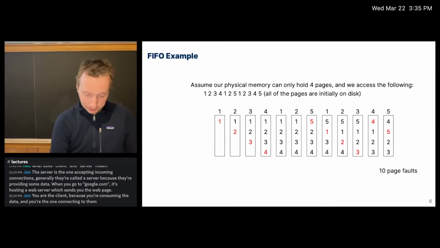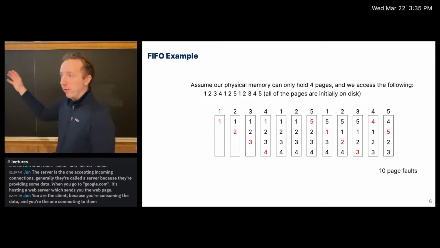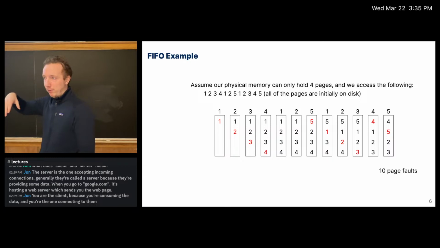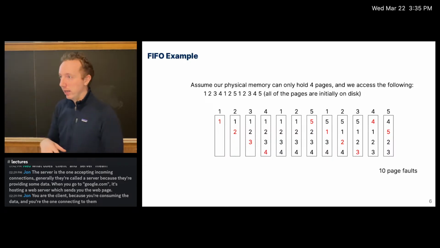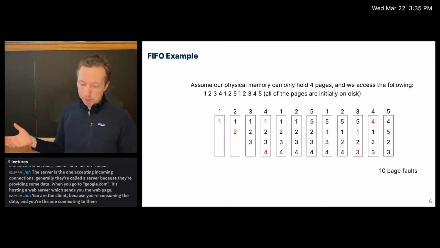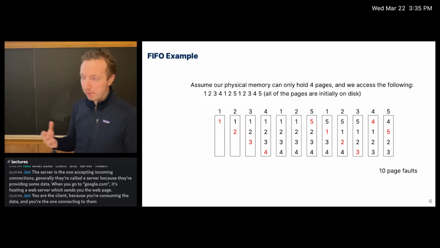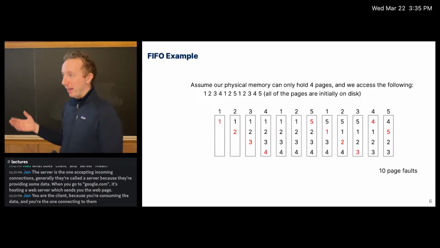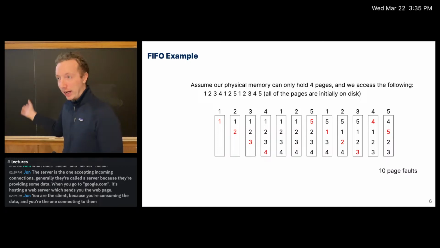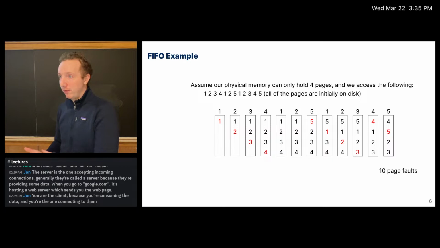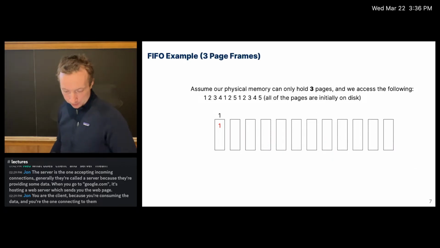So if I started here where I had 4, well, if I can hold 5 pages in memory, I'll just have the 5 page faults when I initially load them in, and then that's it because I can fit everything. So if I have 5 pages, I'll have 5 page faults. If I have 4 pages in memory, I have 10 page faults. You might expect that trend to continue where if I have 3 pages or less physical memory, I'll have more page faults because it won't fit.